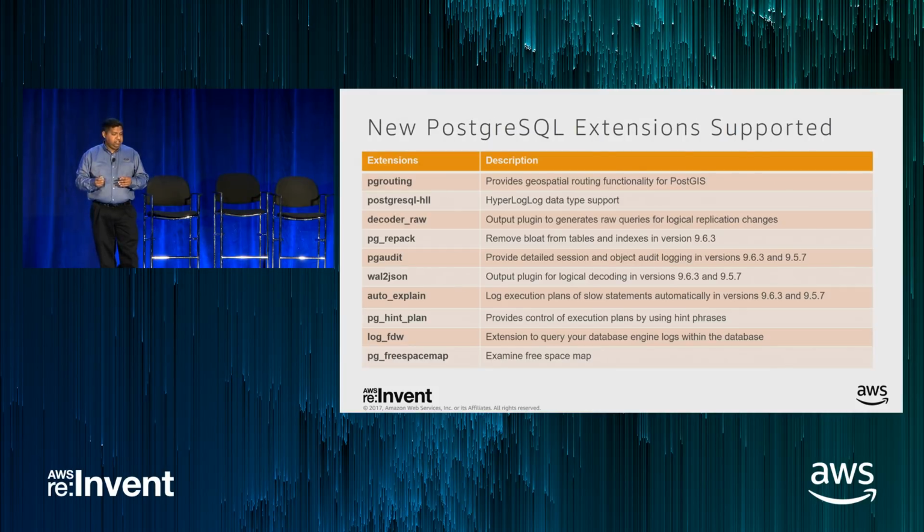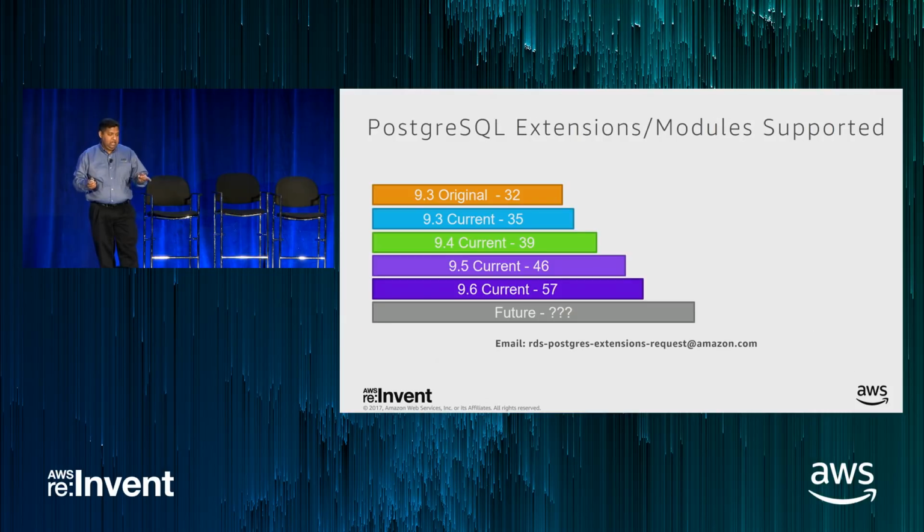We are constantly adding more and more extensions. In the last year, we have added many highly requested extensions on RDS Postgres. If you need more extensions that you want to get supported, you can email us at the RDS Postgres extension request at amazon.com.